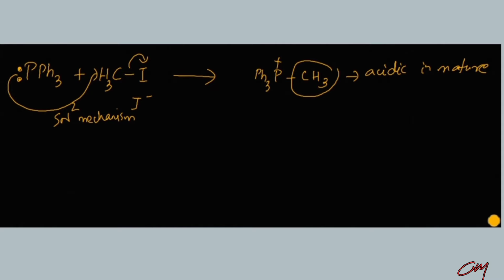So in the presence of a base, one hydrogen gets removed and the product that is formed is PPh3 plus CH2 minus. This is ylide, and this negative charge can get stabilized and can form phosphorane.